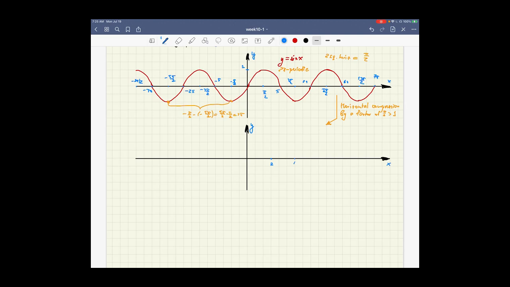So this is then 4, this is 6, this is 8, this is 10, this is negative 2, this is negative 4, negative 6, negative 8, and so on. So this is then 1, this is 3, this is 5, 7, 9, -1, -3, -5, -7.